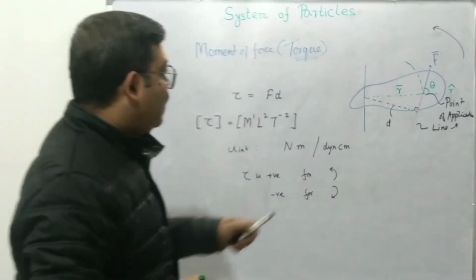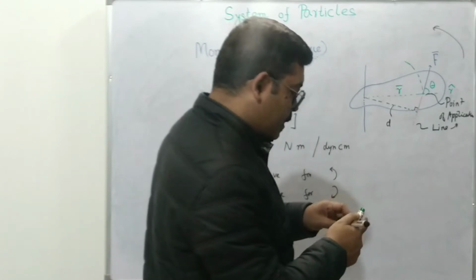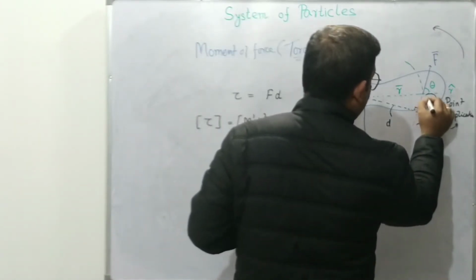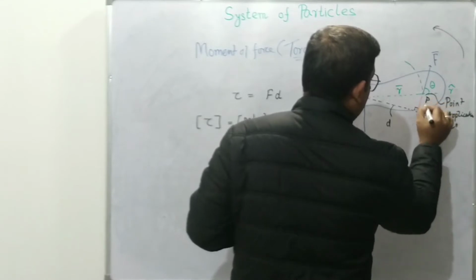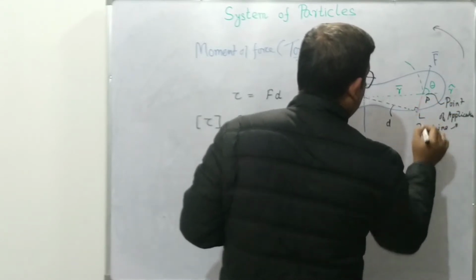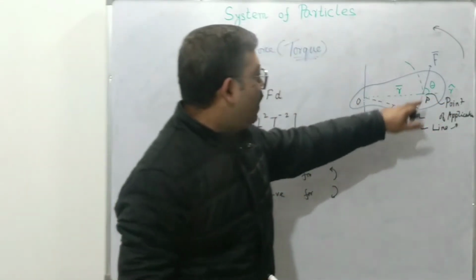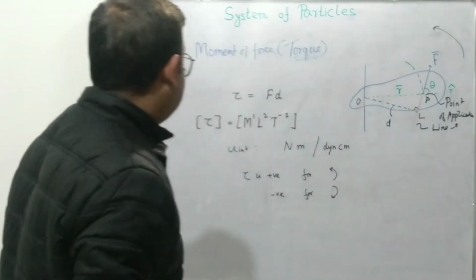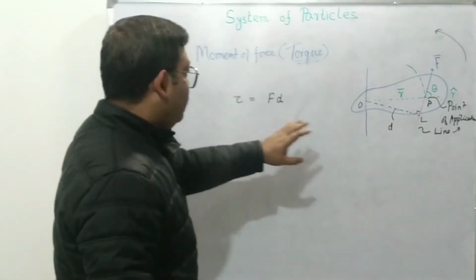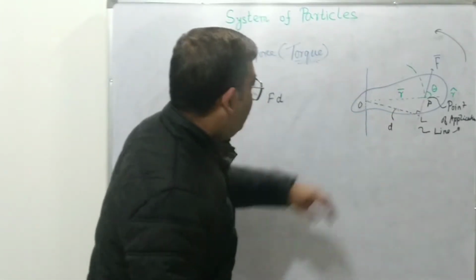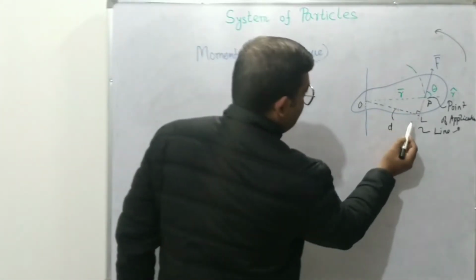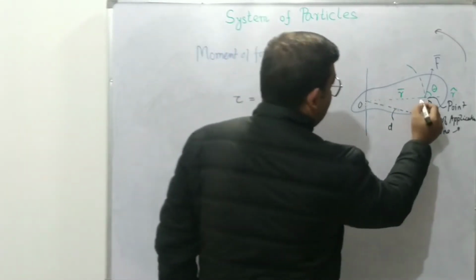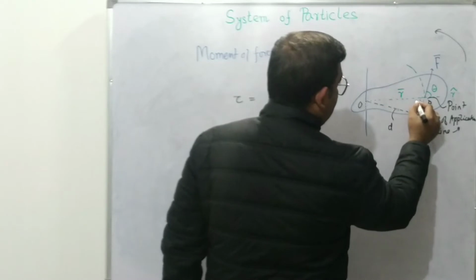Now if I look at these 3 points, let's call this O, this is the point of application, so P, and this is say L. So if we look at this particular triangle OLP, what do we get? We see that this is the perpendicular and this is the hypotenuse, and this angle must be equal to theta.